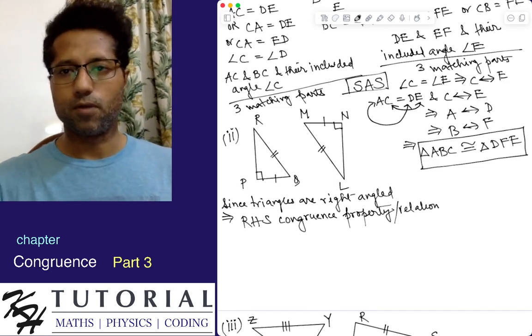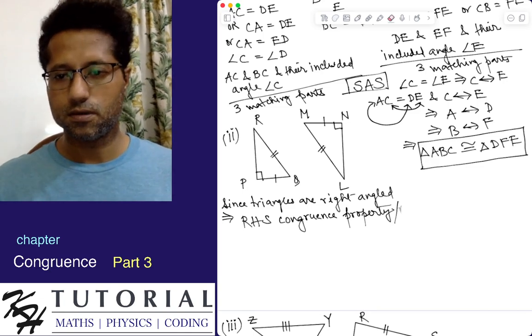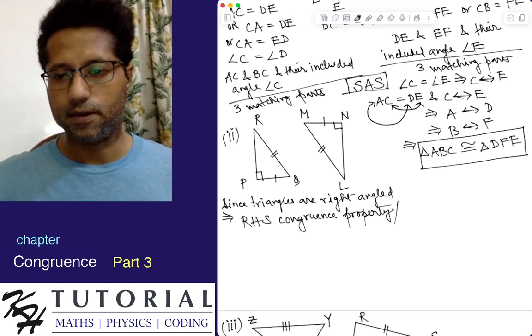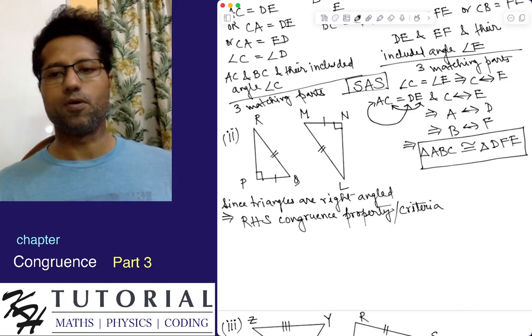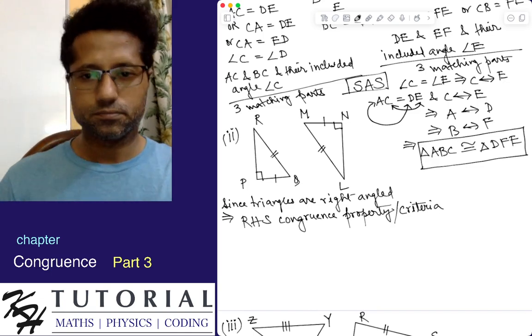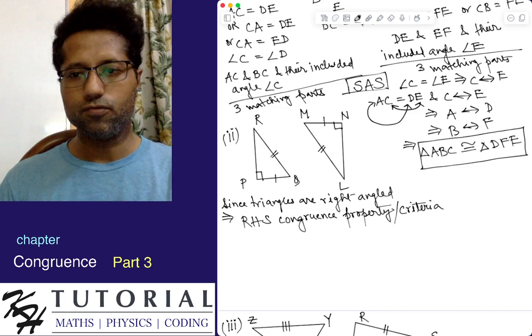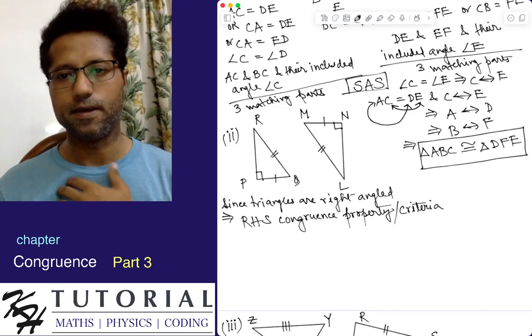This RHS congruence criteria or property is being applied. Now we have to find the congruence name.